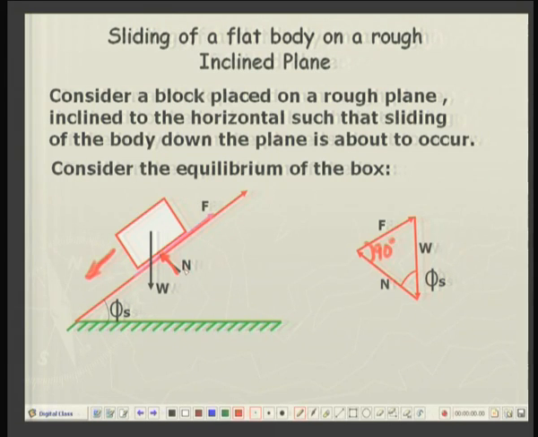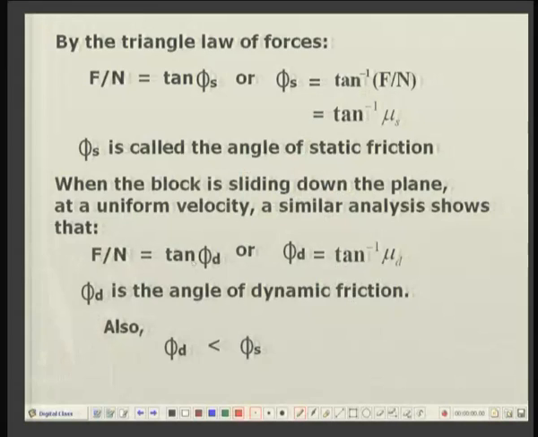And the same equations of equilibrium and the triangle of forces will give us the result that F divided by N is equal to tangent of phi d, that is the angle of dynamic friction. So, phi d is equal to tan inverse of mu d, and obviously the angle phi d is less than phi s because mu d is less than mu s.